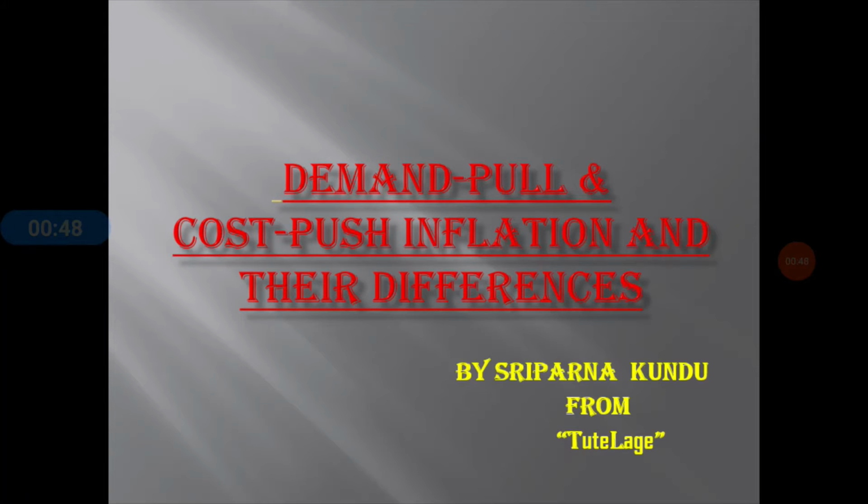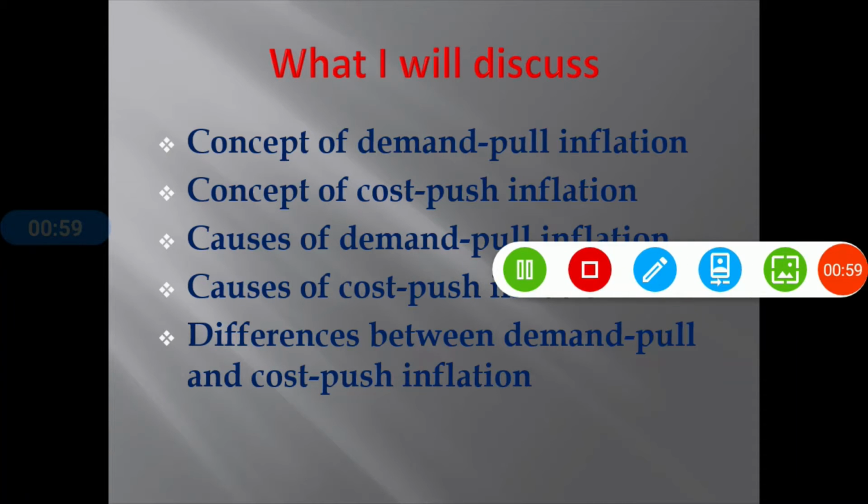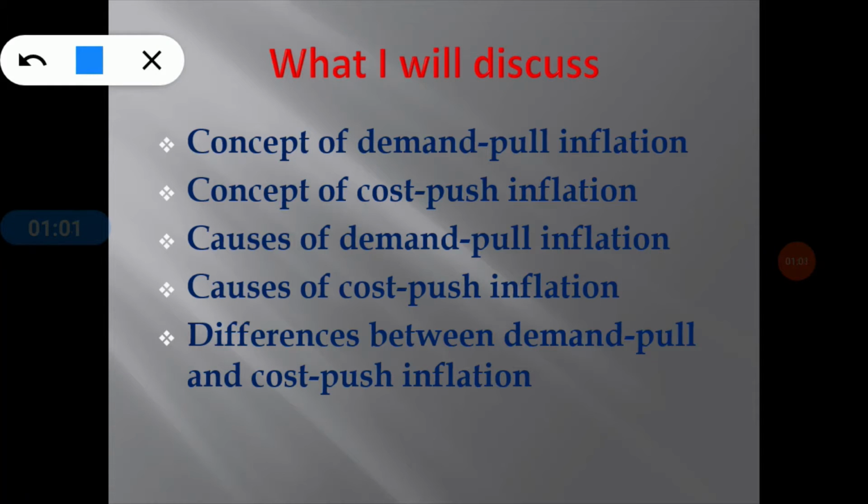So learner, let's check what we will discuss now. Move on to the next slide. Here, this is the next slide, and we can see there are some subtopics for today's session. The first one is the concept of demand pull and cost push inflation. We have already discussed what you mean by demand pull inflation and cost push inflation, but today we will discuss this concept in a broader perspective.